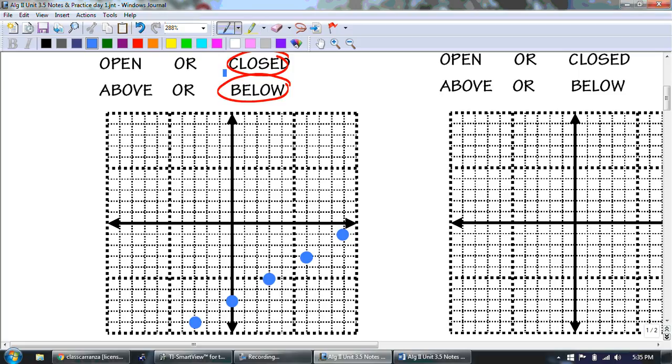Then I'm going to take my straight edge and draw a solid line through closed points.